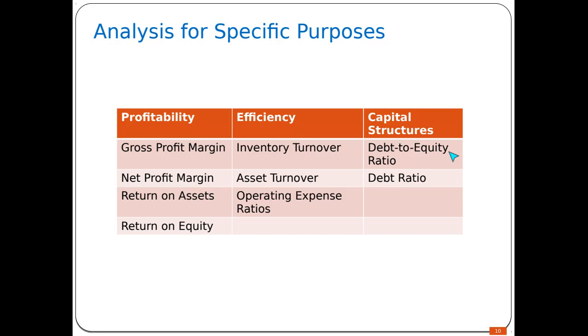So if you ask me, if you have more equity and less debt, that means your company is less risky, because if you have a lot of debt, the debt ratio also tells us about the capital structure. If you have a lot of loans, then your company is at risk, because if your company has lower sales, then you won't be able to pay the loans. So this is what generally these ratios tell us.